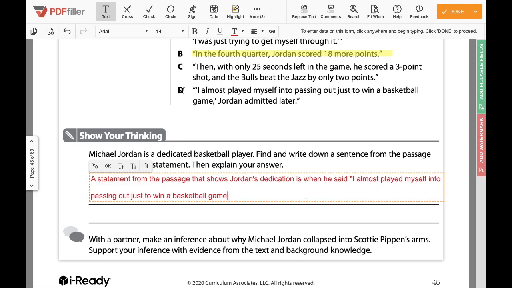And then we'll put quotes, period. Now, again, we've cited the evidence, we've answered the question.